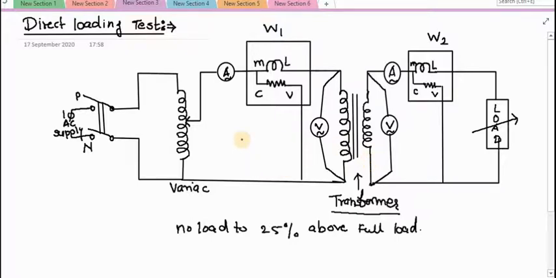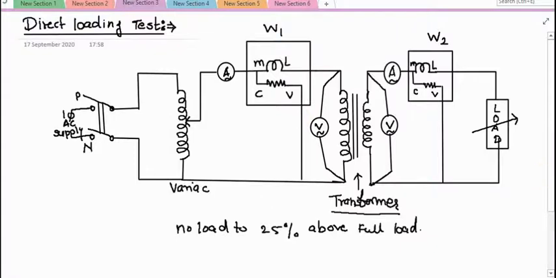And by introducing the variac or the auto transformer, we have maintained the rated voltage across the primary throughout the test, and by maintaining that voltage constant, various observations have to be recorded in a tabular format.